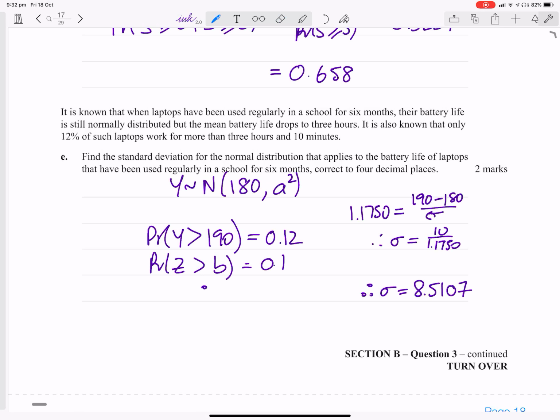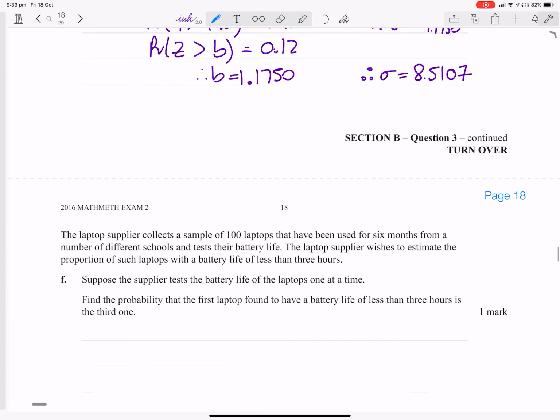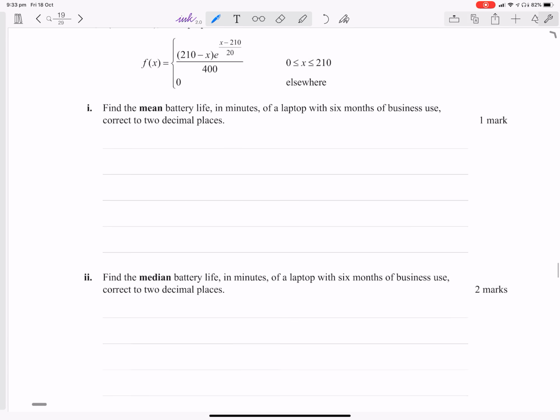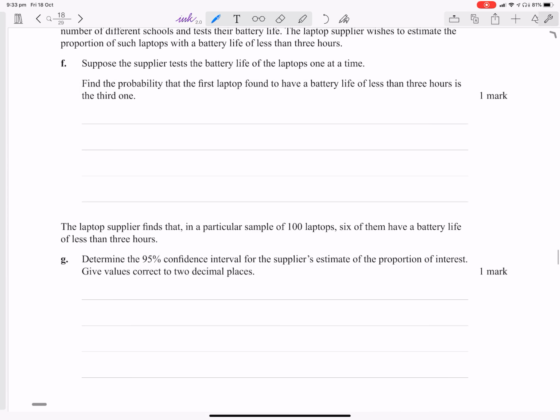Oh, that's supposed to be 0.12. Therefore, B is equal to 1.1750. This is a long question.